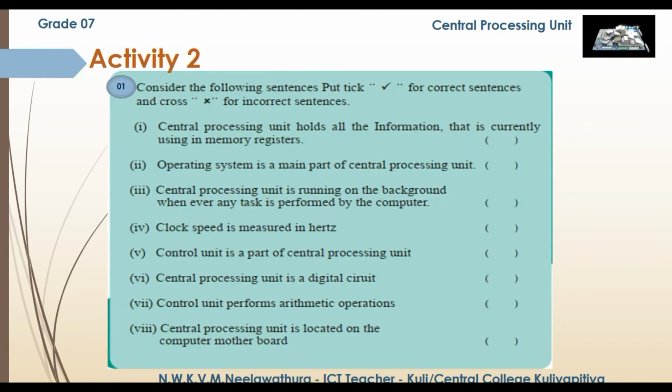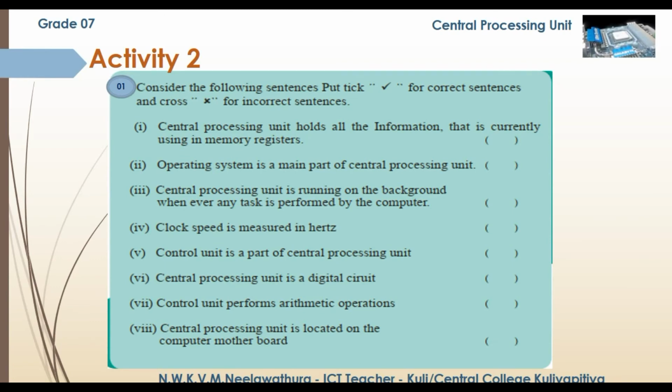Now the time for activity. Look at this. Consider the following sentences. Put a tick for correct sentences and a cross for incorrect sentences. First one, central processing unit holds all the information that is currently used in the memory registers. Second one, operating system is a main part of central processing unit.